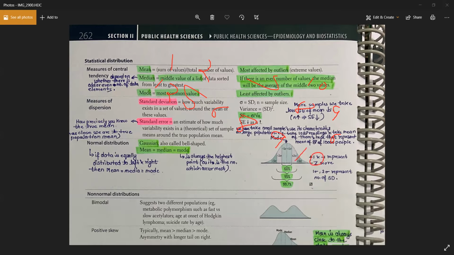Then you need to choose the middle value. We have 7 values, and the middle value must be this 6. So the median of this data is 6. First of all, you have to sort the data in increasing order, then choose the middle value.